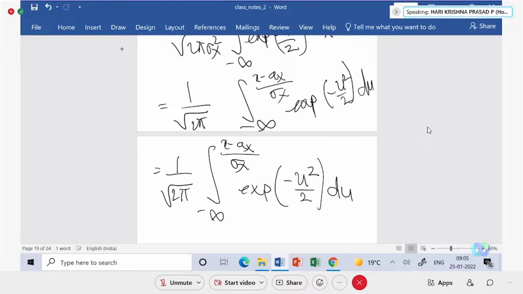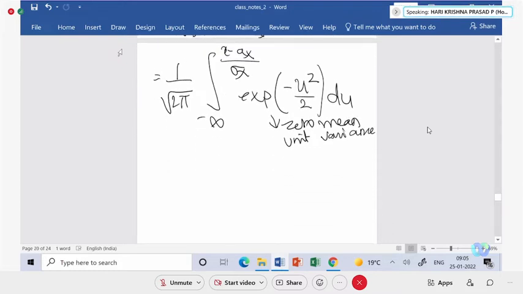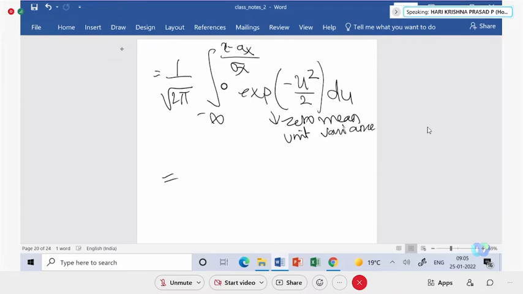What is this? It is a Gaussian density function with zero mean and unit variance. Sigma square equal to 1. Earlier, we have represented this integral by f of, what is the argument we wrote earlier? It is simply x, because the upper limit is x. Now the upper limit is x minus ax by sigma x.